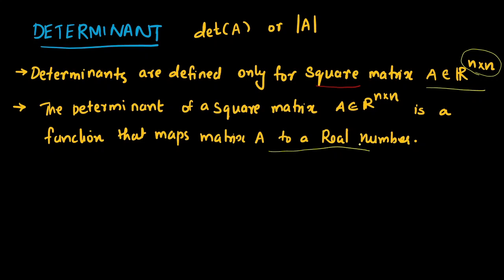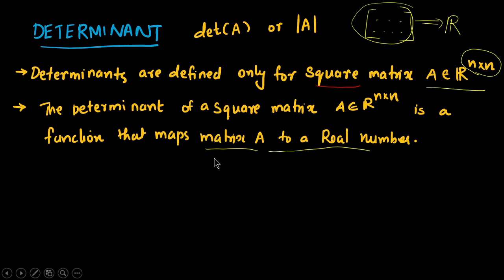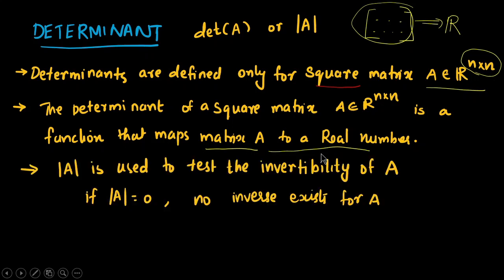This is a similar operation, where a matrix is mapped to a real number. A matrix has many values inside it, depending on the dimension, and all these values are converted to a single real number. That is what we do in determinants. It is a mapping function that maps a matrix to a single value.